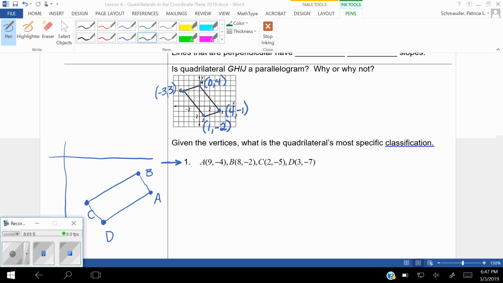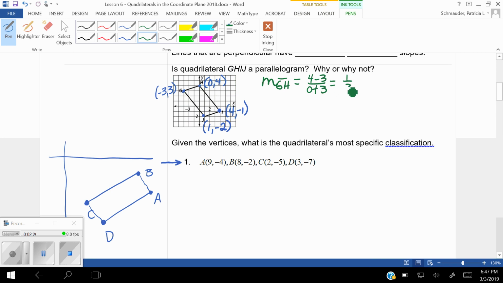Okay, let's roll here. Is GHIJ a parallelogram? Well, what I'm going to do is I'm going to find the slopes of all four sides, and that'll tell me whether it's a parallelogram or not. So let's start with the slope of GH, and that's going to be 4 minus 3 over 0 minus negative 3.